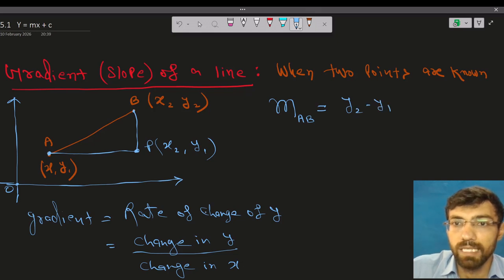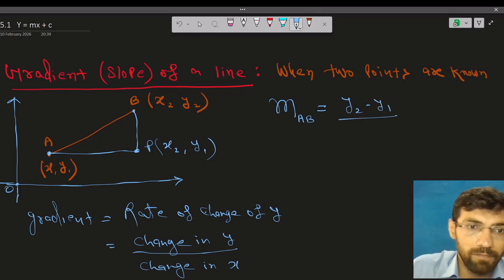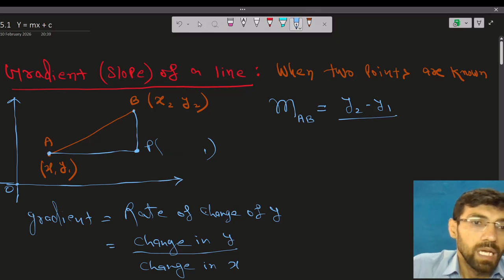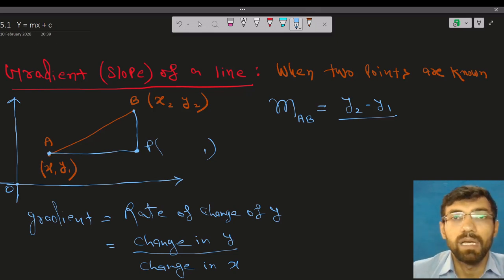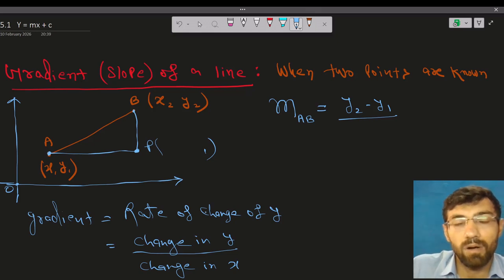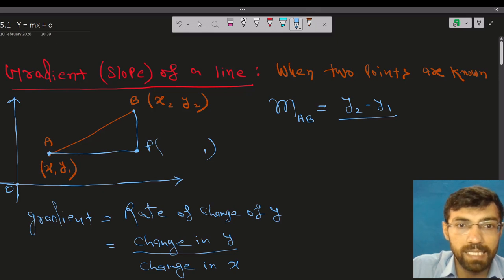y2 minus y1. Okay, let us assume this point is P. What will be the coordinate of this point P? The x coordinate of P and the x coordinate of B will be the same. Why? Because these two points are at the same distance from the y-axis. Basically, your x coordinate is the distance of your point from the y-axis. So the x coordinate of point P will be x2 only.